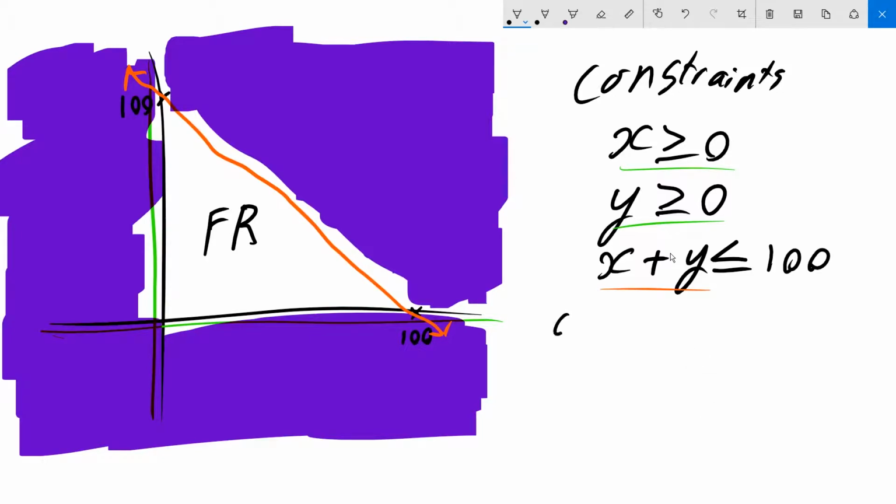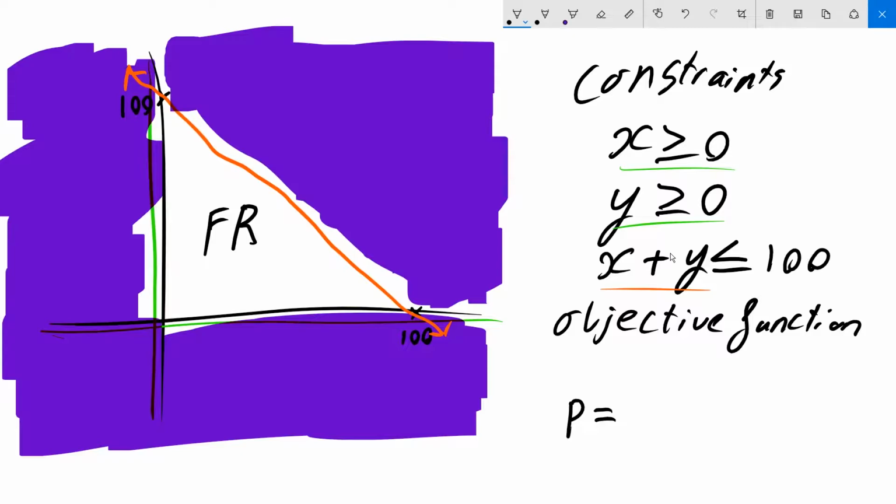Alright, so now we have something called the objective function. And the objective function is what you're trying to maximize or minimize. So in this case, we want to maximize profit. So we let P equal, and then how much the consumer has to pay for X and Y type paint.